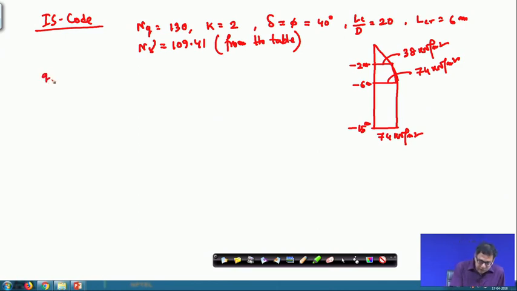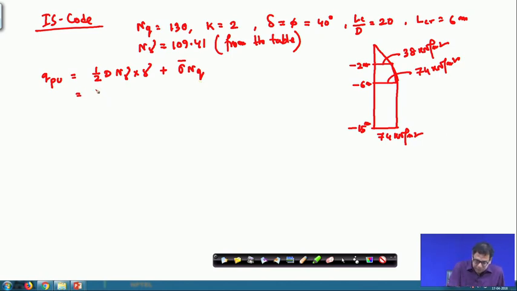So, we will start Q_pu, that is equal to half into D into N gamma into gamma. Gamma is the unit weight of the pile, and then plus sigma bar into N_q. Okay.